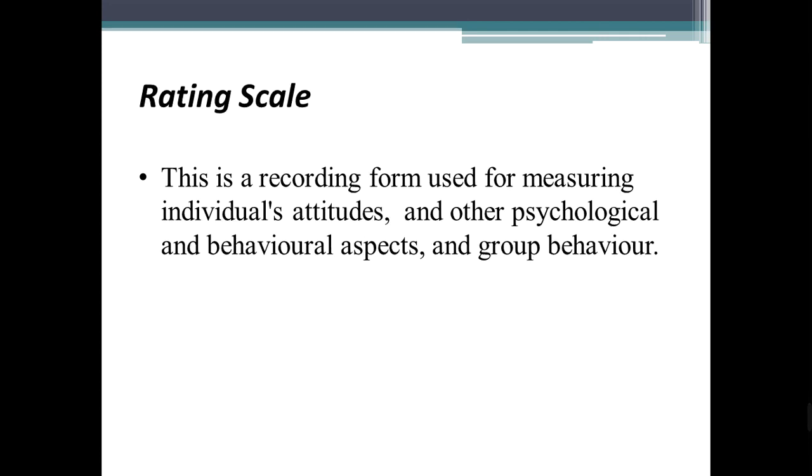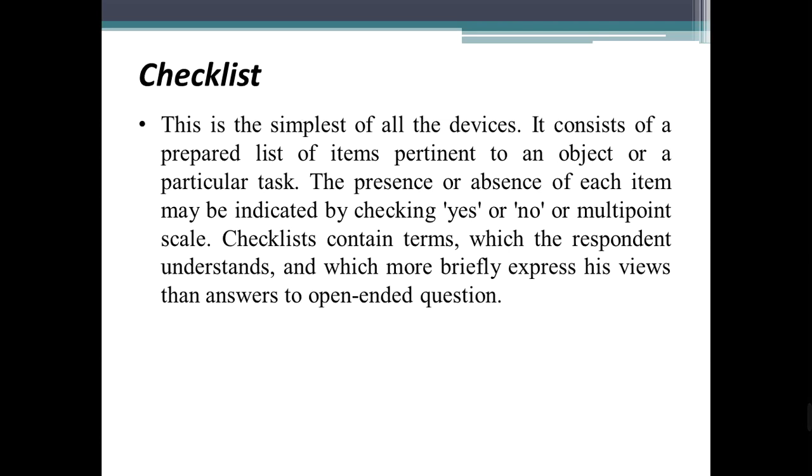Rating scale. This is a recording form used for measuring individuals' attitudes and other psychological and behavioral aspects and group behavior. Checklist. This is the simplest of all the devices.